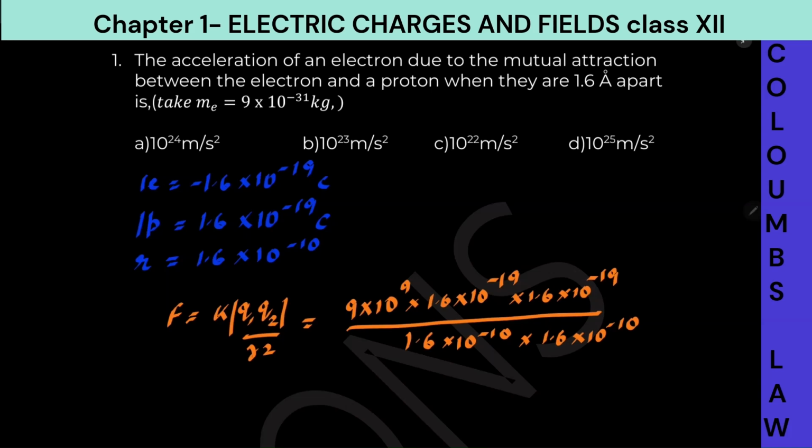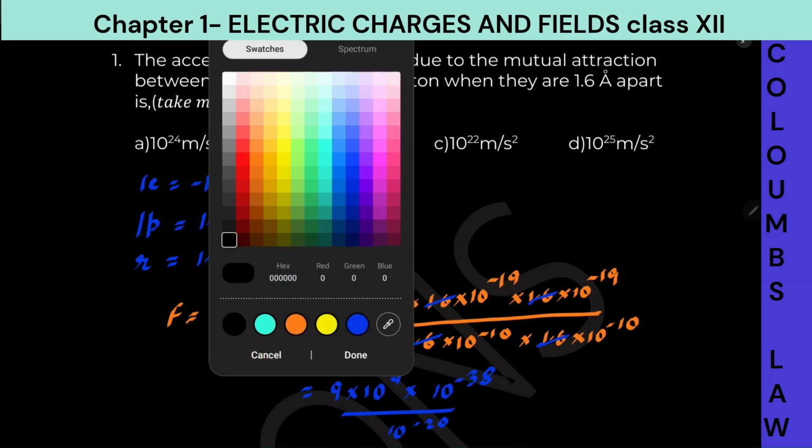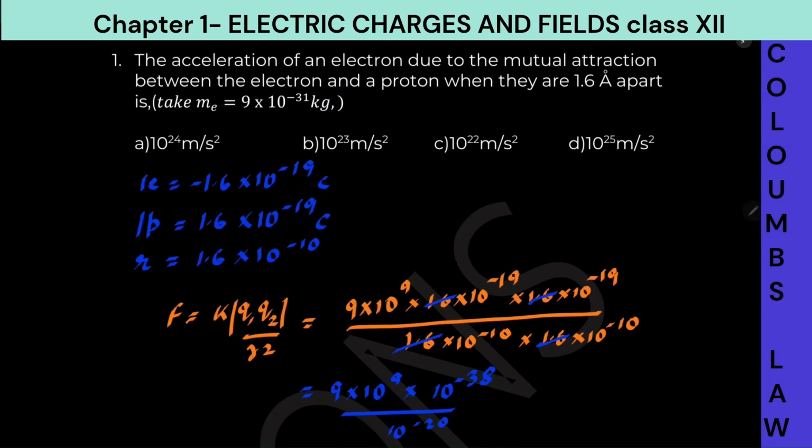So this is our force. Let's calculate it. Let me cancel the terms which are getting cancelled here. The 1.6 and 1.6 will cancel out. We are left with 9 into 10 to the power 9, and in the numerator 10 to the power minus 38, and in the denominator 10 to the power minus 20. Great, let's move ahead.